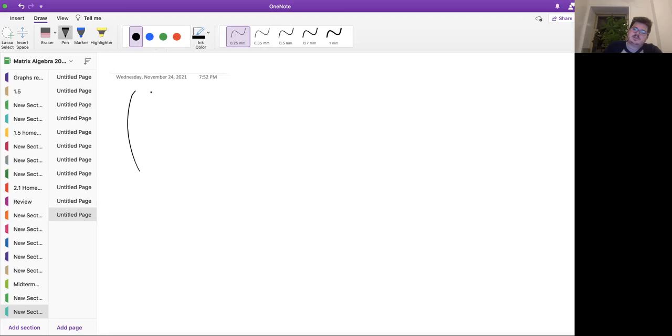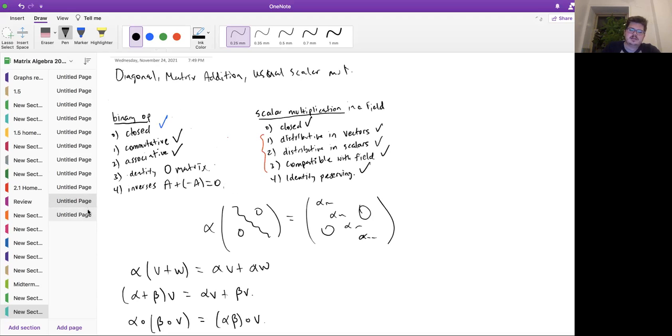Let's do an example. A, B, C, D. Can you think of another set that, well, upper is a little bit different. Well, I think the upper triangular would still be okay.